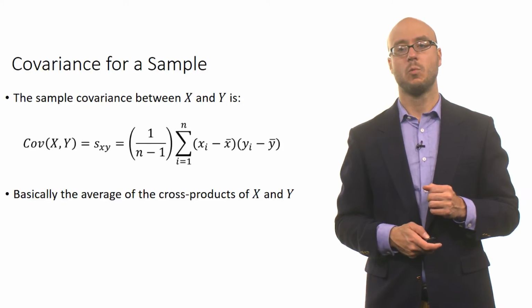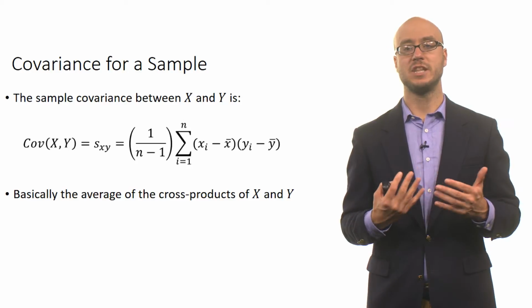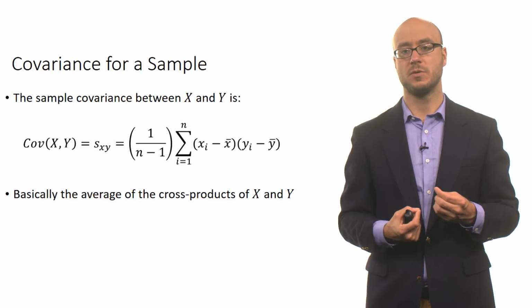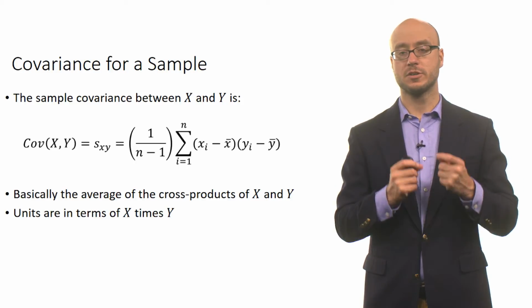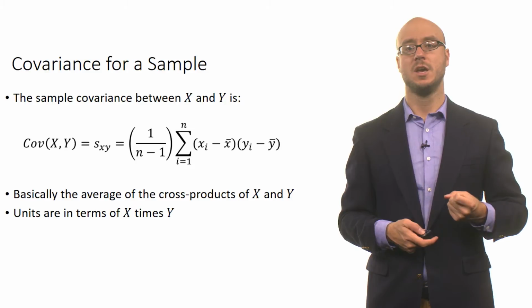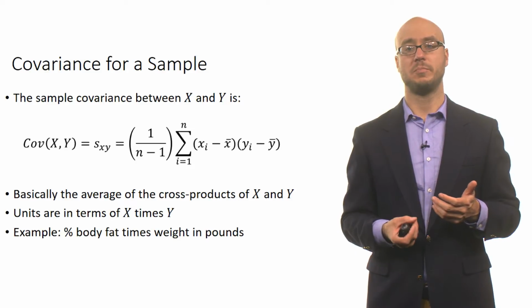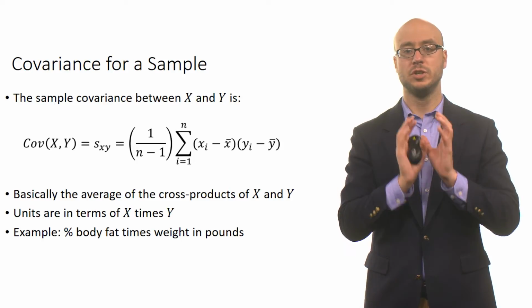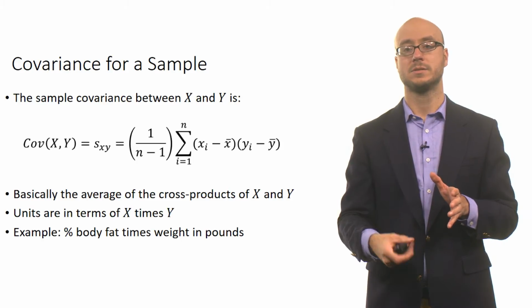And you can see that what we're really doing here is taking essentially the average of what's known as the cross products of x and y. The units of covariance are in terms of x and y. So in this case, our x variable is body fat percentage, and our y variable is weight in pounds. So the actual units are body fat percentage times weight in pounds.